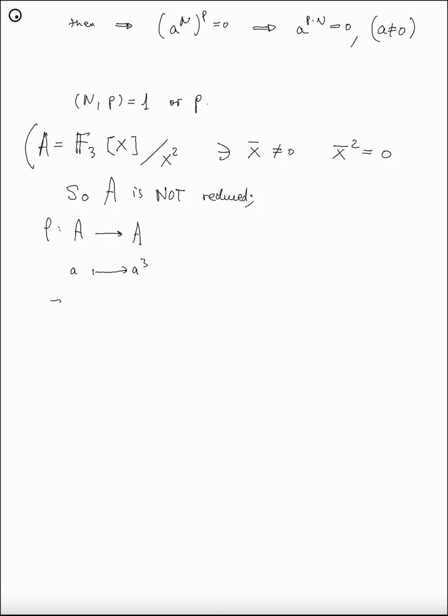Alright, so if you have, let's say, x bar to the power i, i bigger or equal than some integer, this is mapped to x bar cubed to the i, but notice that this is mapped to x cubed, which is, wait.